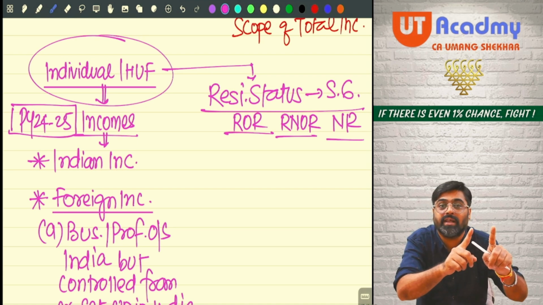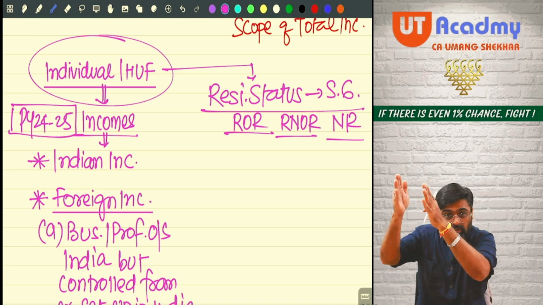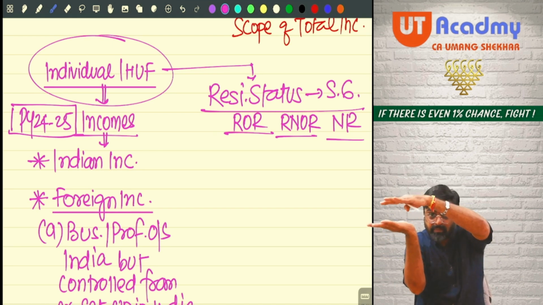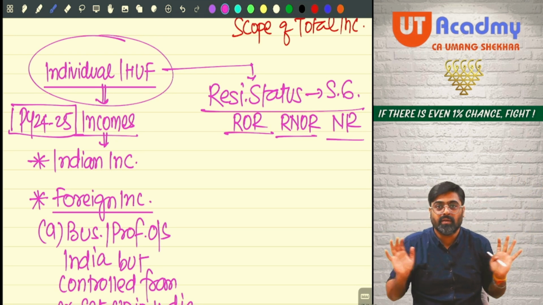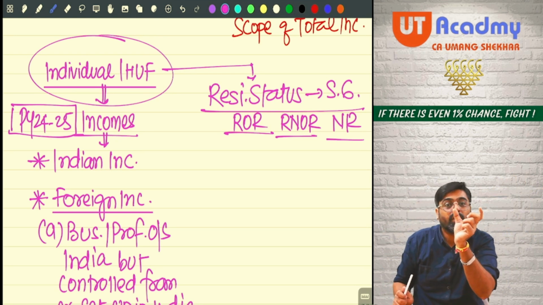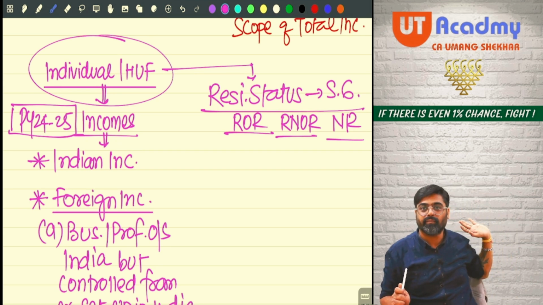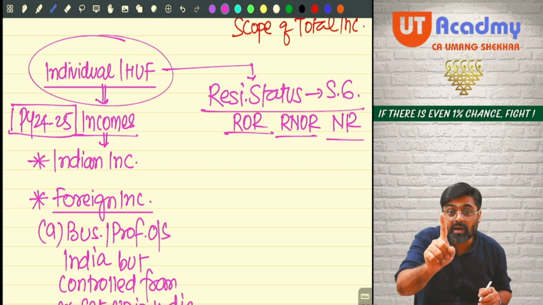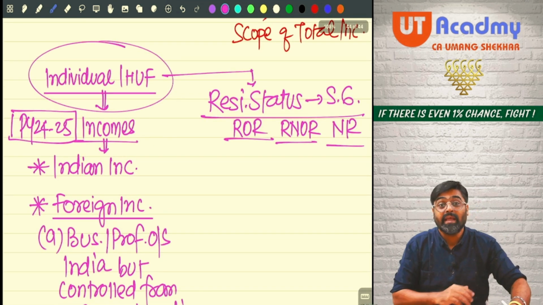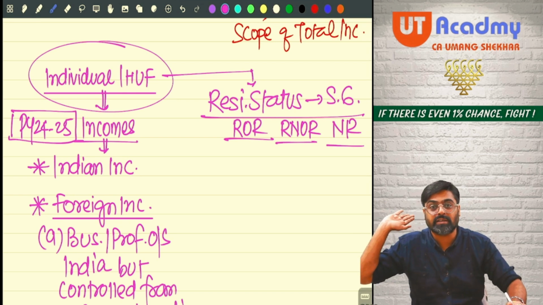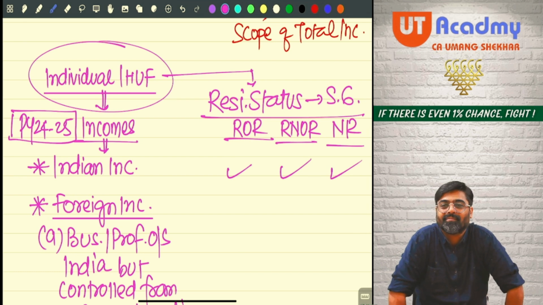Section number 5 says that if you are an individual or HUF, based on the type of income which you are earning and based on the residential status, section 5 will tell you that for this residential status, this income will be included or will not be included. So if you are earning any Indian income, irrespective of your residential status, it will always be included in the computation of your total income.